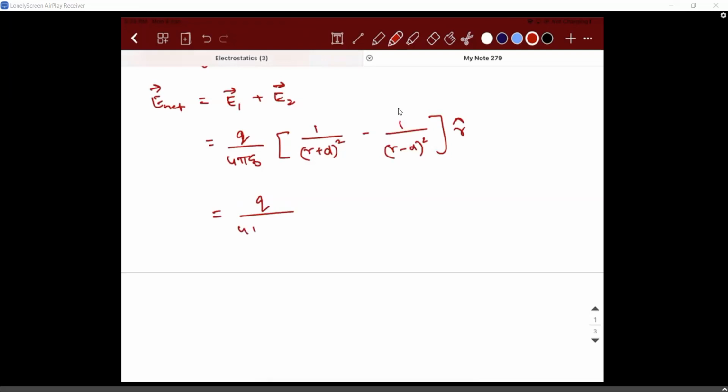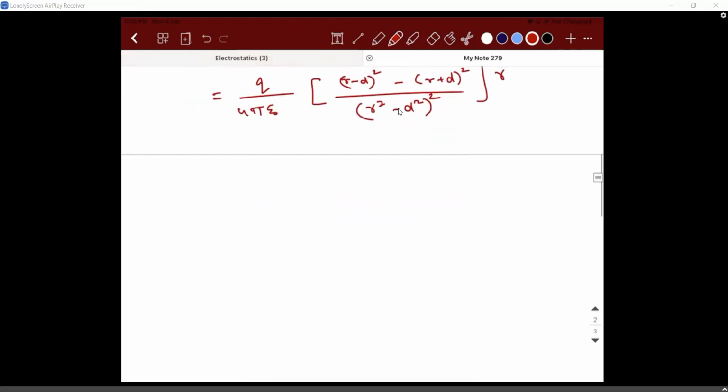So Q divided by 4 pi epsilon naught into, listen to this carefully, okay? If I take LCM, what am I going to get? (R minus D) the whole square minus (R plus D) the whole square, the whole divided by (R square minus D square) the whole square times R cap. Am I clear? So (A minus B) the whole square minus (A plus B) the whole square. What is it? Minus 4AB.